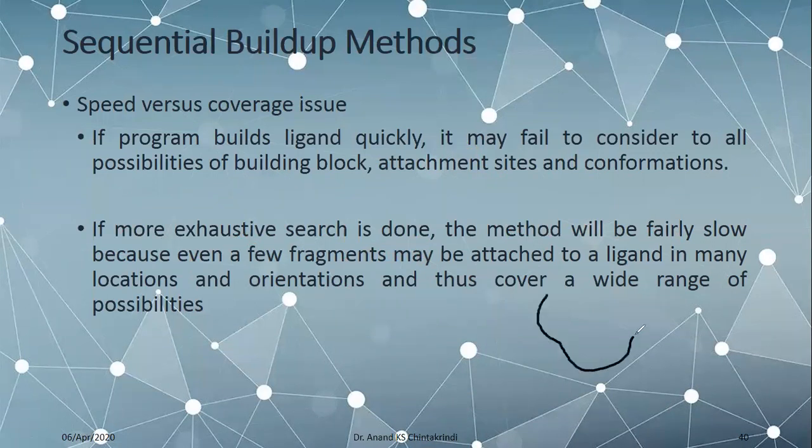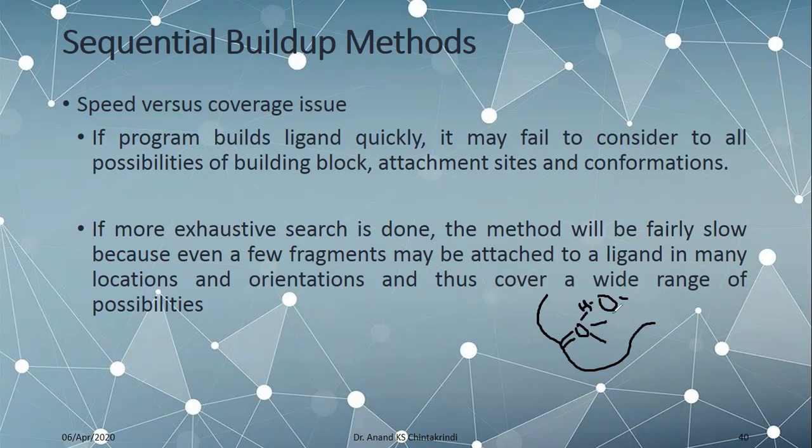Suppose you have this ligand site and you have a carbonyl group here. If a fragment containing OH is considered, and an exhaustive search is done, it will consider all possible orientations of this. That means either in this direction, in this direction, and in this direction.